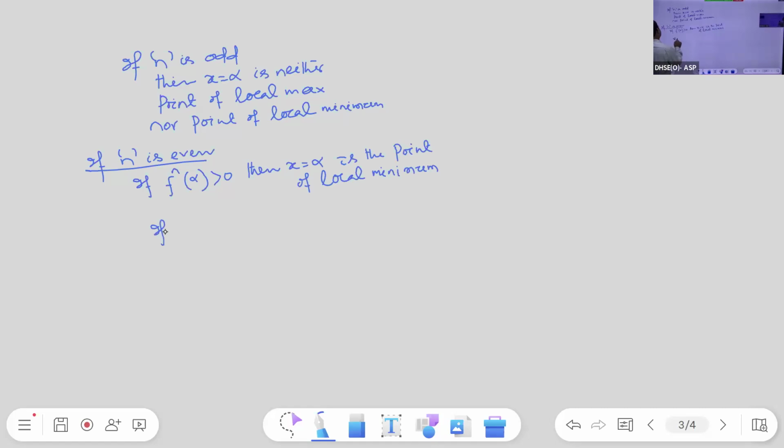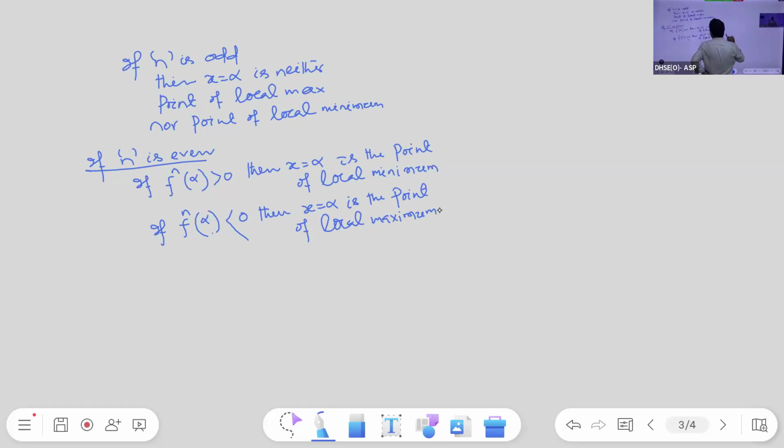If f n alpha, f n means nth order derivative of f, is less than 0, then x is equal to alpha is the point of local maximum.